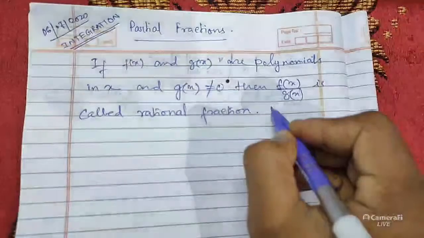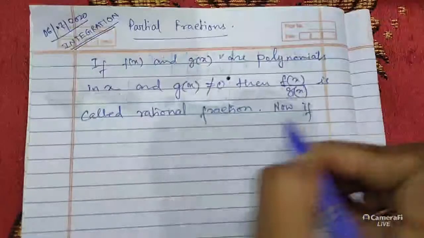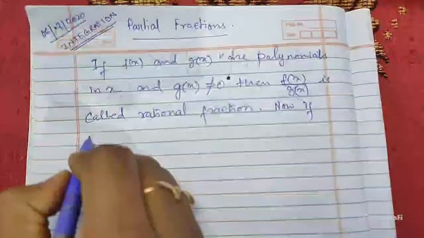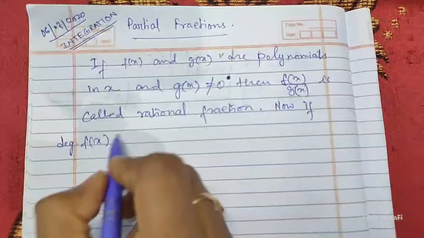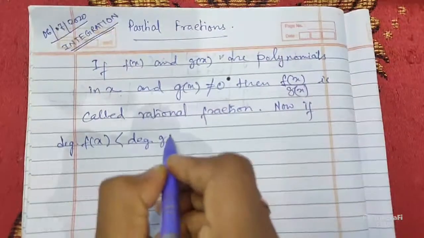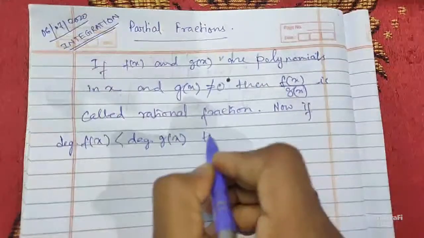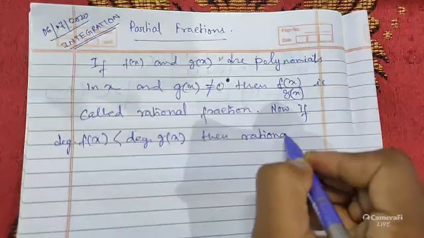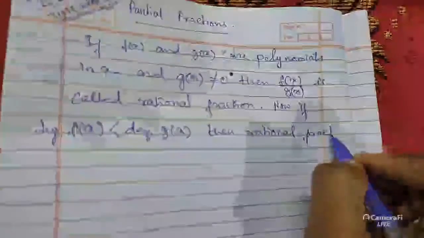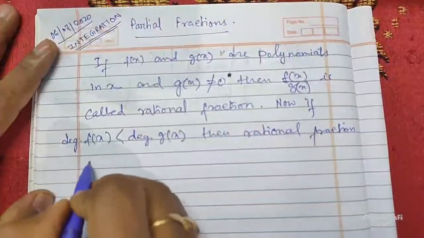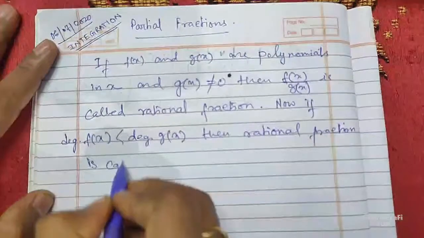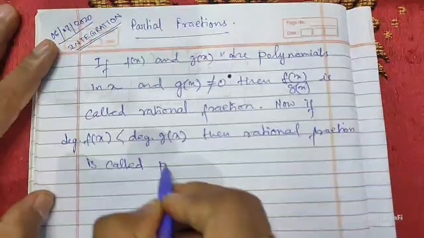Now if the degree of f(x) is less than that of g(x), then the rational fraction is called a proper rational fraction.